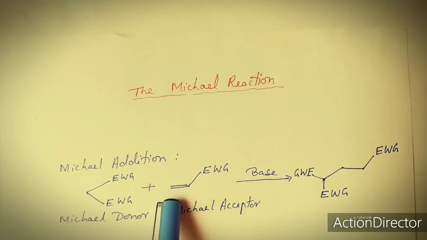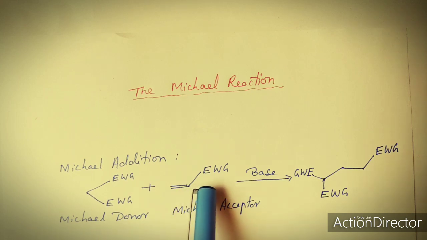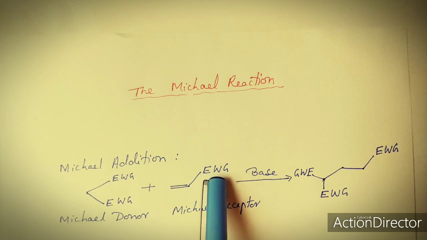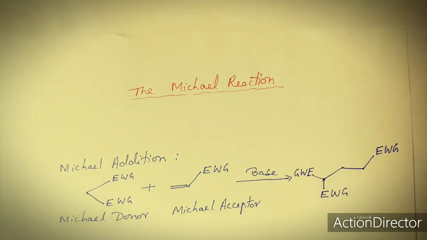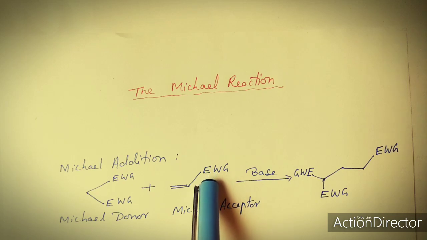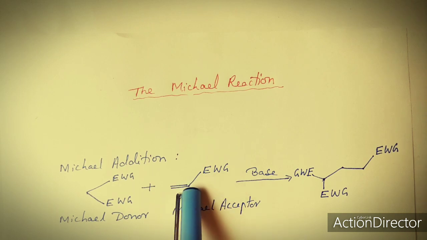This is an unsaturated Michael acceptor with an electron withdrawing group. Many times it is a carbonyl, though variations have now been put up. There are different synthetic methods using other variants, as long as the electron withdrawing group is present so that alpha-beta unsaturation is present.